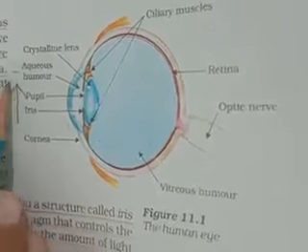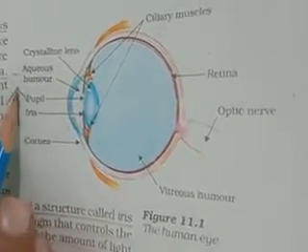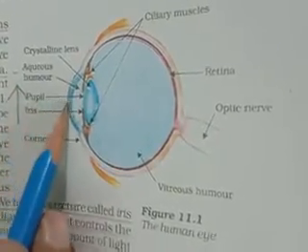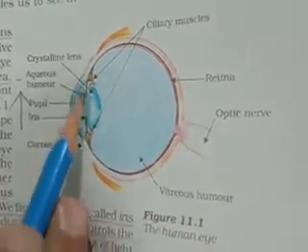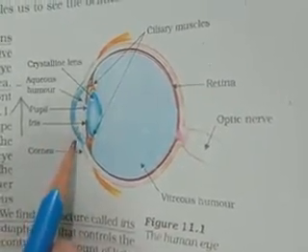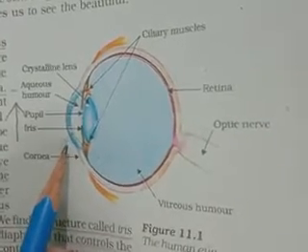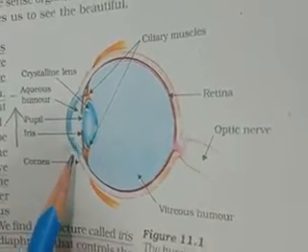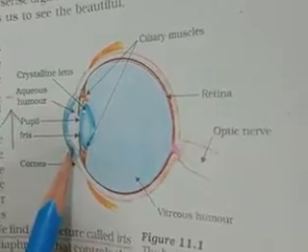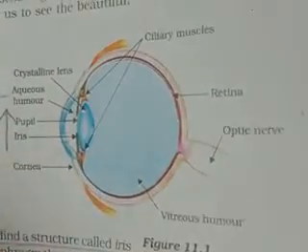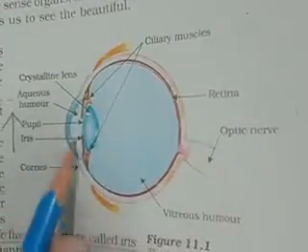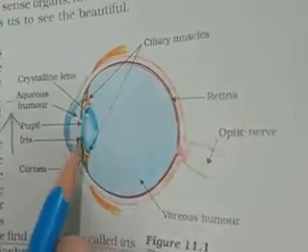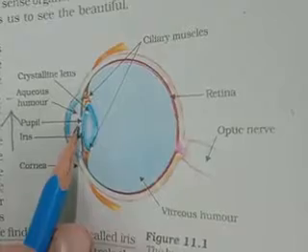After that, it is reflected by the object and enters the cornea through the pupil. This iris controls the amount of light. If the light is very bright, it will contract, and if there is maximum light, then the iris will move to both sides so that the space will be more.